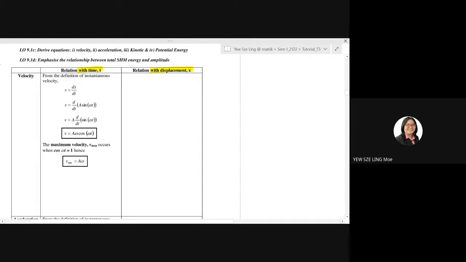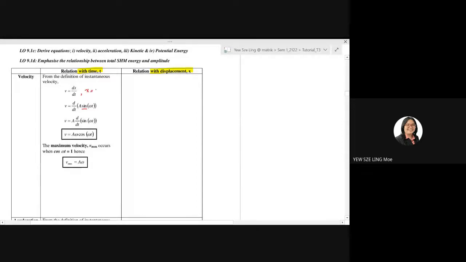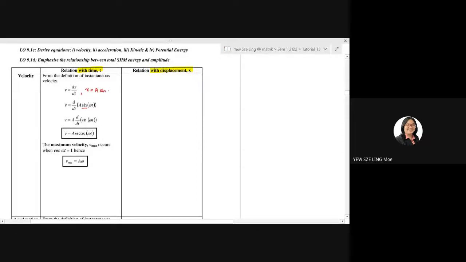First of all, from the definition of instantaneous velocity, v equals dx over dt. So you differentiate sine. This is the thing that you have to be careful about. Here, we differentiate sine and obtain cos, because you are given x equals A sin omega t. There's one more possibility in your questions.